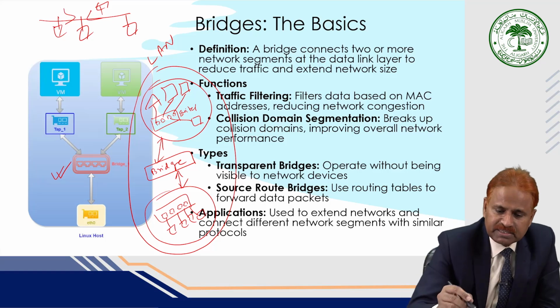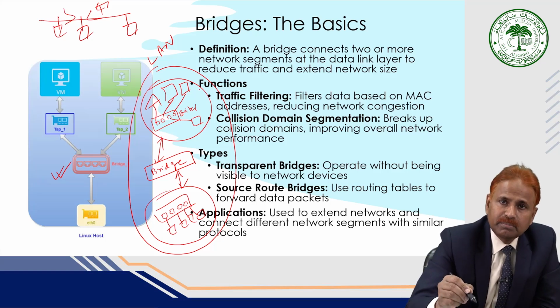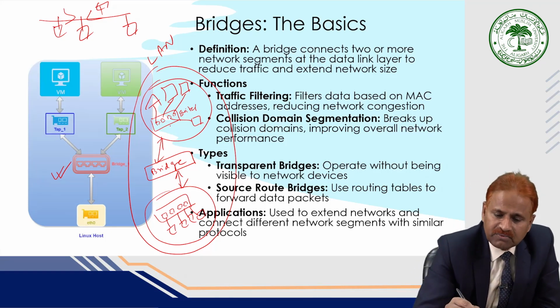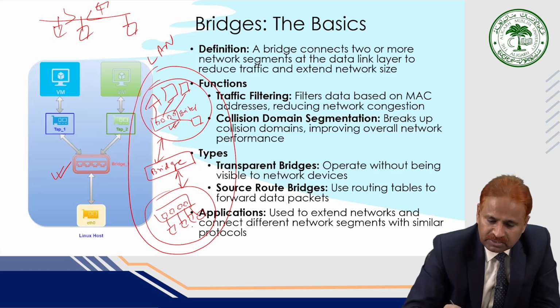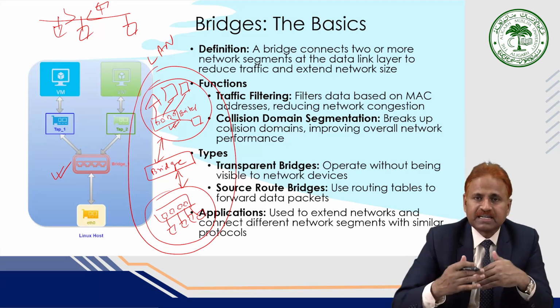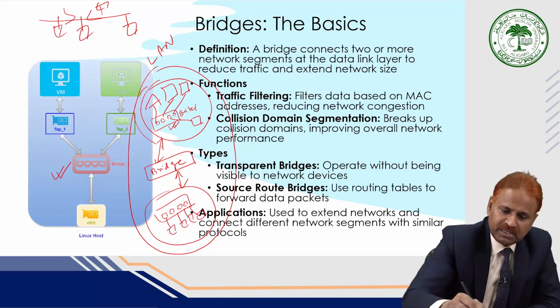So in this case, if two devices of this network start simultaneous transmission, the collision will be affected by this switch only. It will not affect the operation of this other network because the bridge filters the traffic and segments the collision domain.